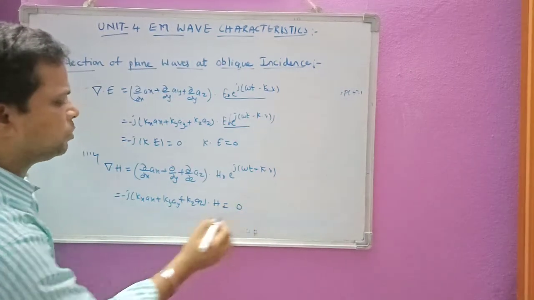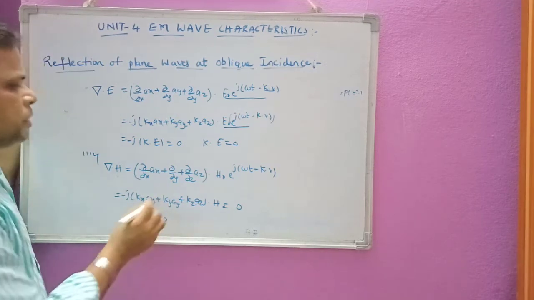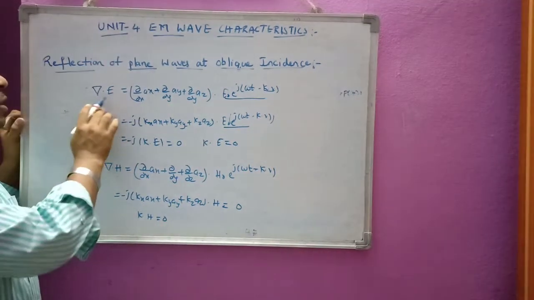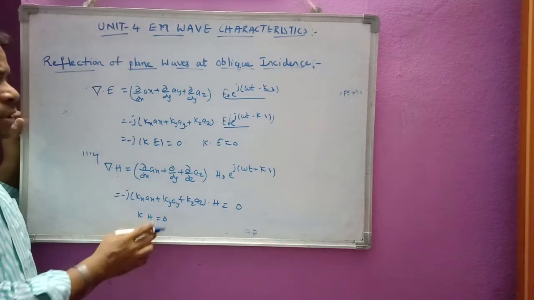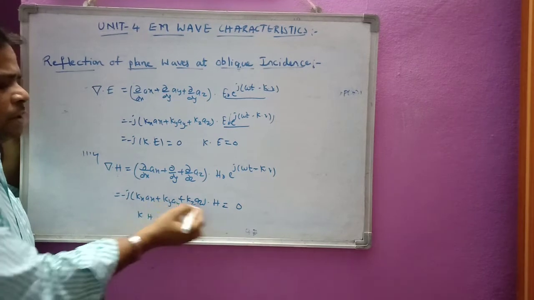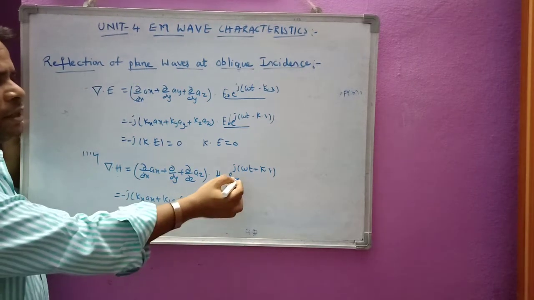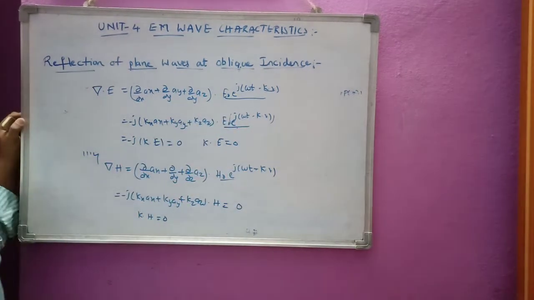This will be equivalent to 0, that is k dot H is equal to 0. So we are expressing del dot E in terms of k dot E is equal to 0 and del dot H in terms of k dot H is equal to 0, because the dot product of these unit vectors with a scalar is 0.